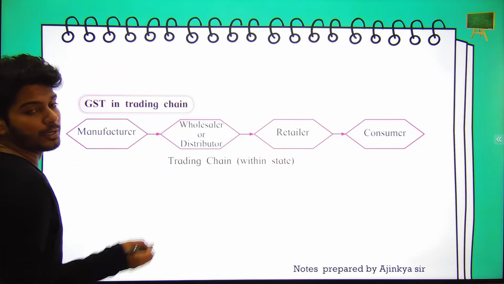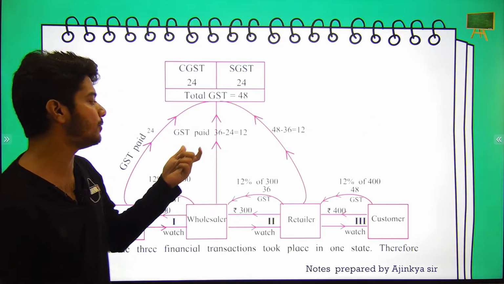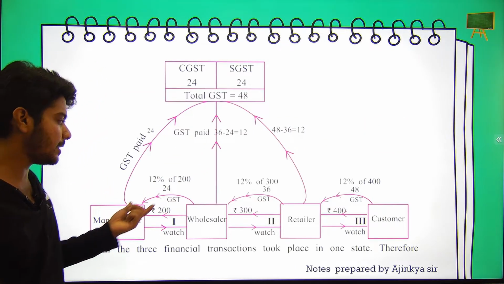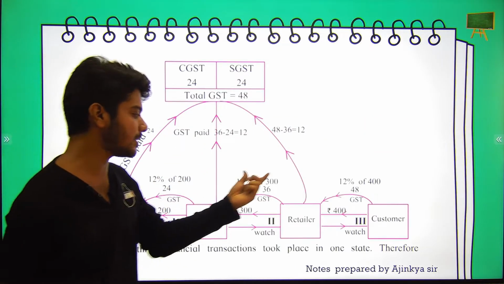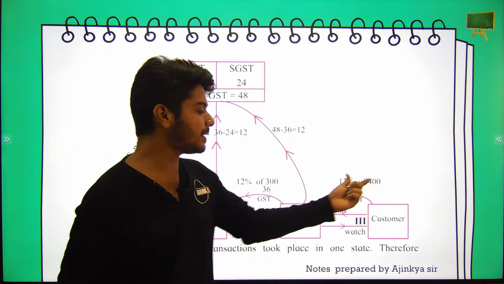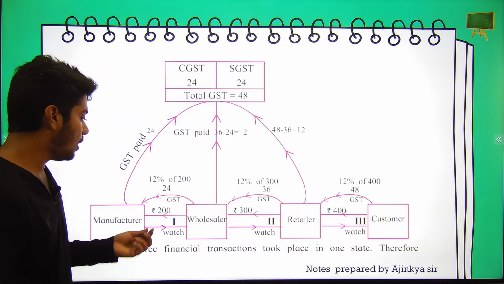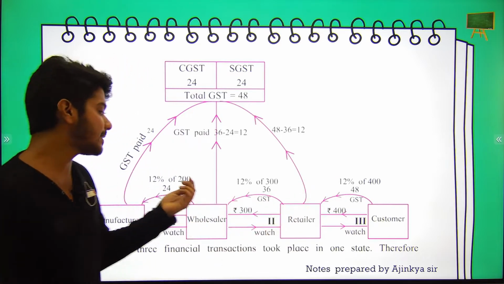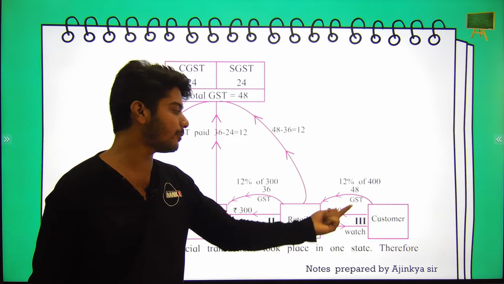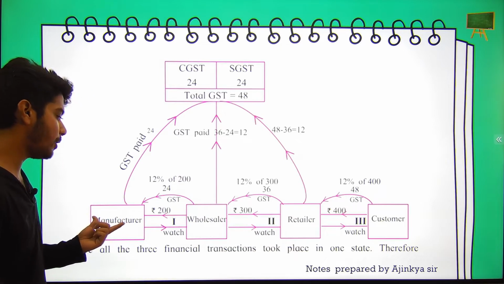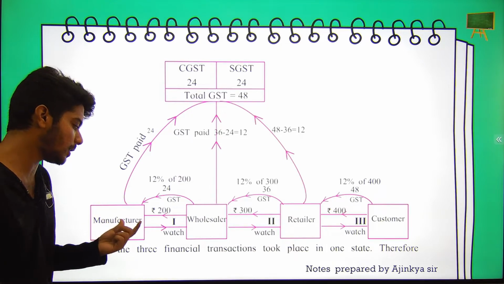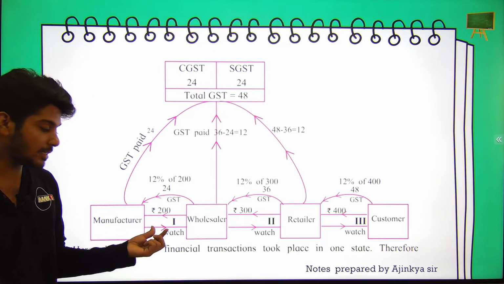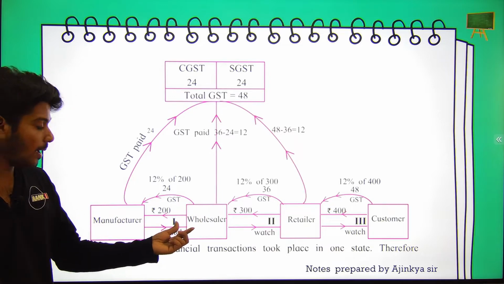Now we are going to discuss how the calculation will be. The manufacturer is selling to the wholesaler, who sells to the retailer, who sells to the customer. Let's see how the tax will be calculated for every level. First of all, the manufacturer. The manufacturer sells the watch to the wholesaler.